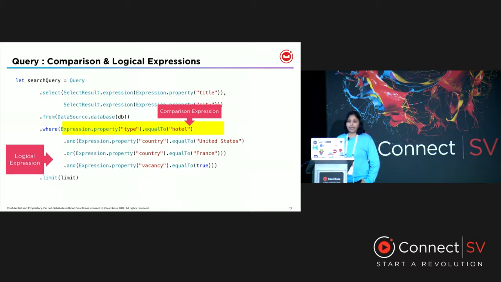Now you can concatenate it using a series of logical expressions, where you can say, I'm interested in all documents of type hotel and the documents where the country property is equal to United States, or the property country is equal to France, and the vacancy is equal to true. So essentially, I'm interested in all hotels in the United States or France which have a vacancy of true.